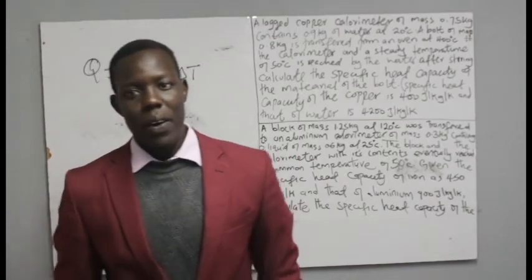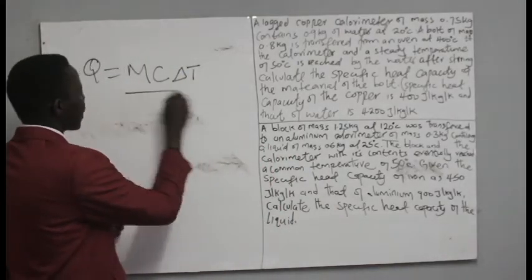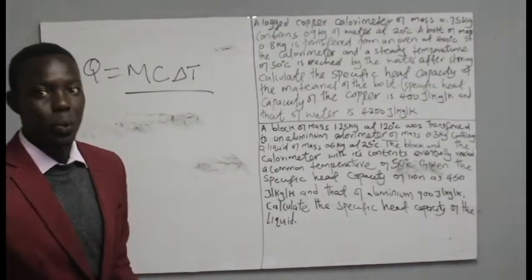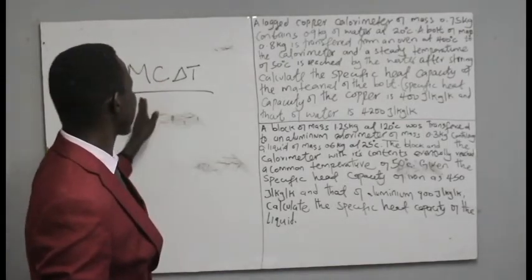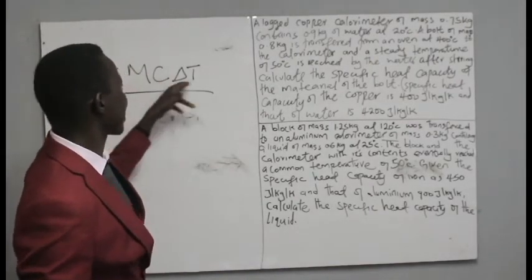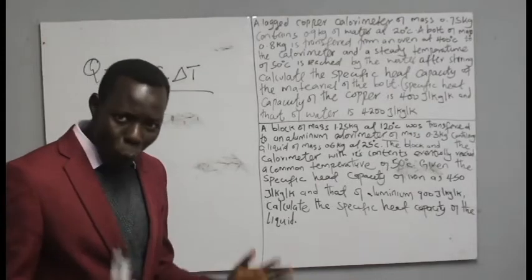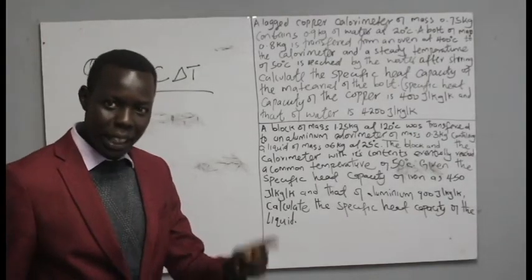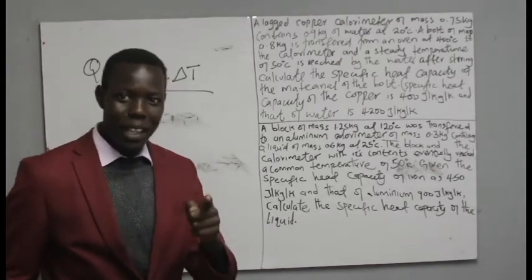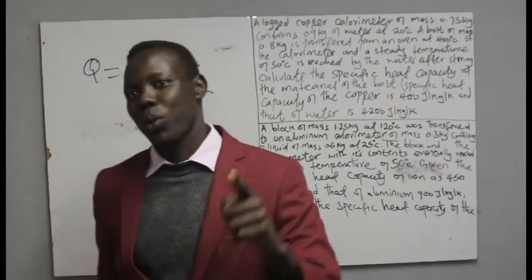So, you may have two substances, like the cold and hot water I was telling you. You are given their masses, the specific heat capacity, and their change in temperature. The one that is not given in that question, just be very sure it is the one that you will be required to calculate.